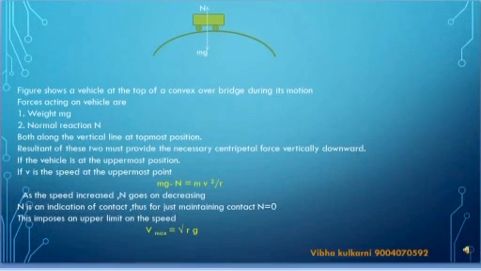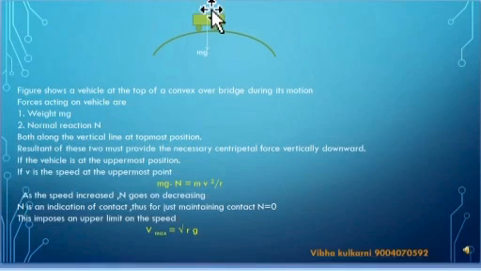Now let us see the example of a convex over bridge. Convex over, that is nothing but this curved surface. We will call it a convex over bridge. Now this vehicle is moving over this bridge. So what happens to this vehicle at the topmost position? Let us see. Which forces act on this vehicle at this point? See, weight mg acts vertically downward, normal reaction is vertically upward.